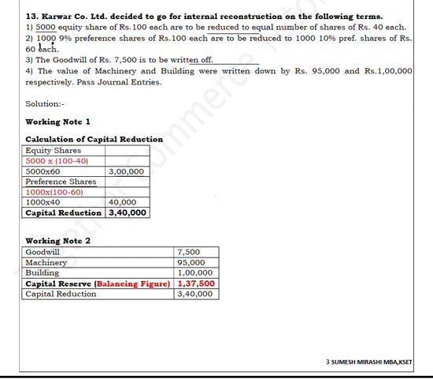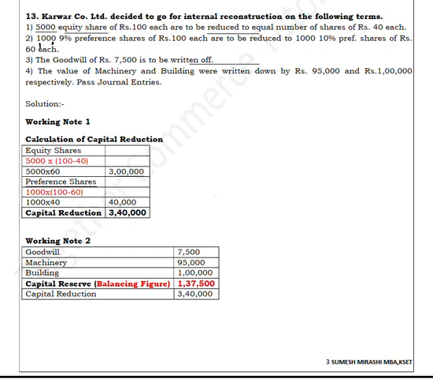So the solution is like this. Working note 1, calculation of capital reduction. Here what we need to write is we first take the equity share as it is. So the heading will be equity share. Then 5,000 into 100 minus 40.